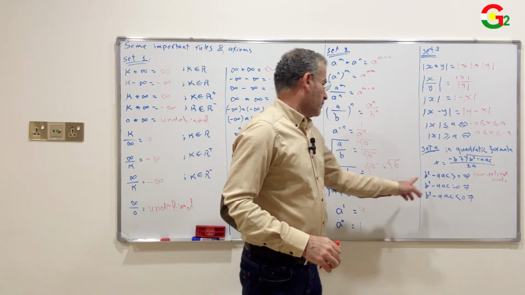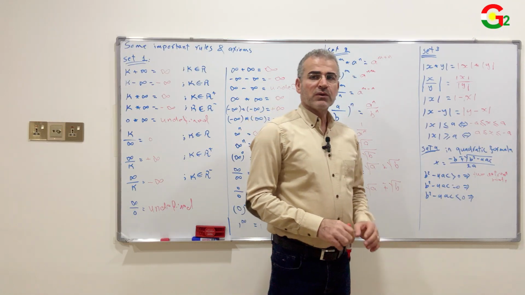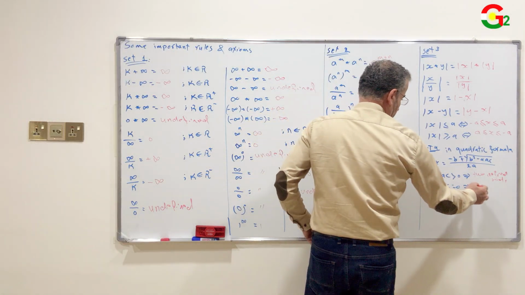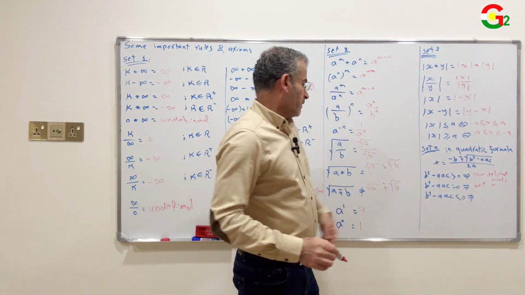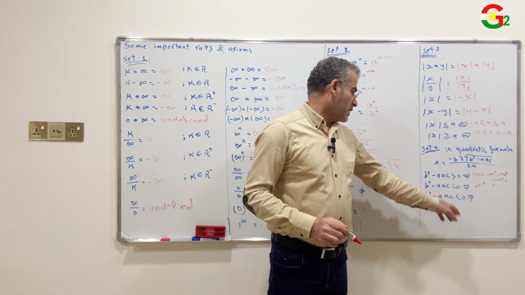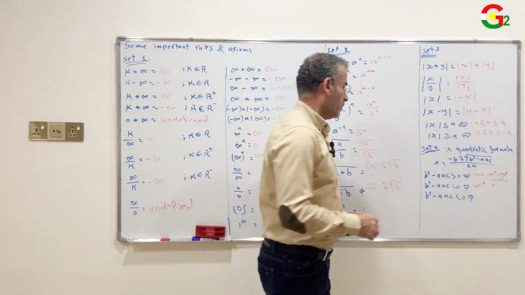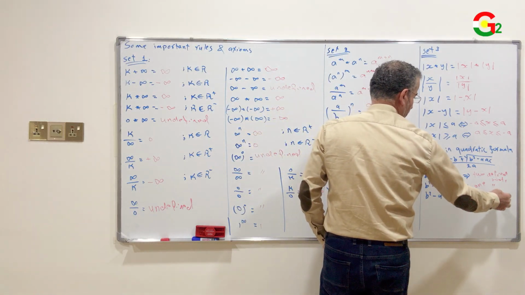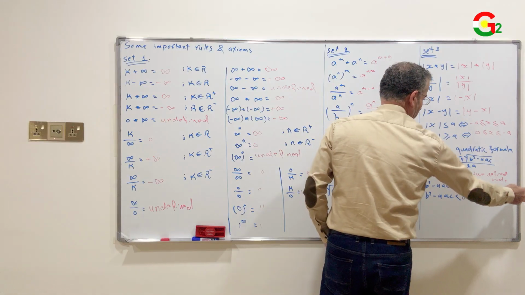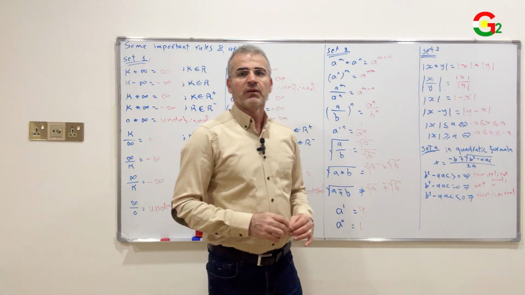If b square minus 4ac equals 0, then there is one root. If b square minus 4ac is less than 0, then there is no root for the quadratic function.